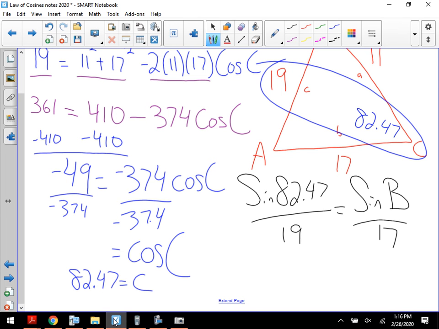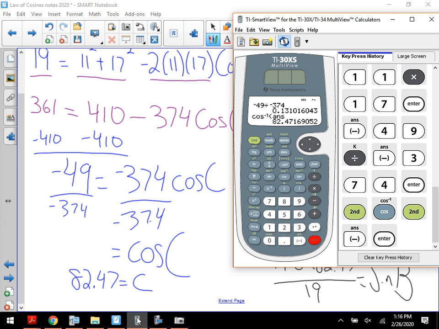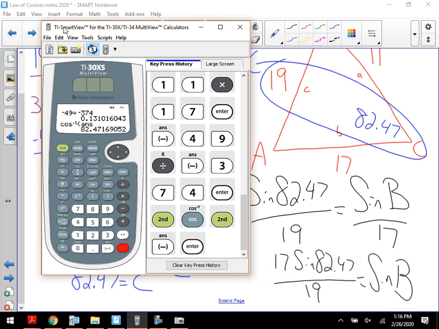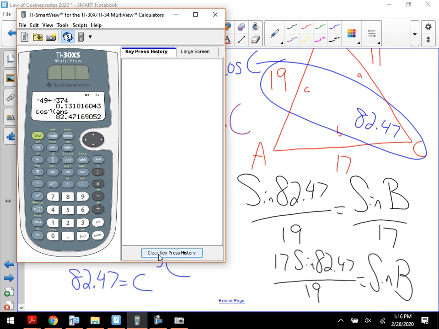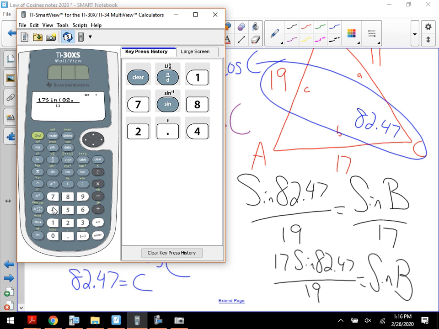Which means you have to move the 17 up. The decimal is the sine of B. I inverse it.